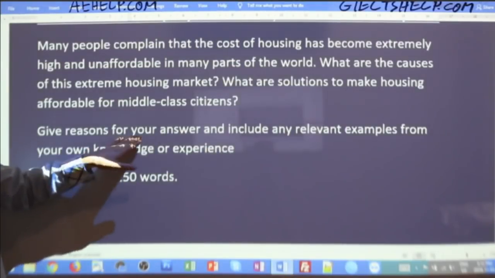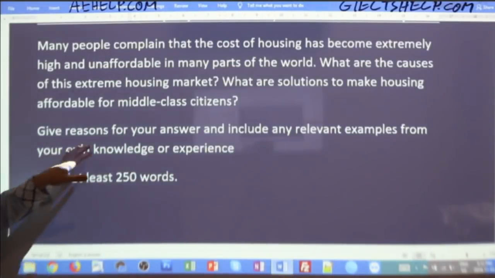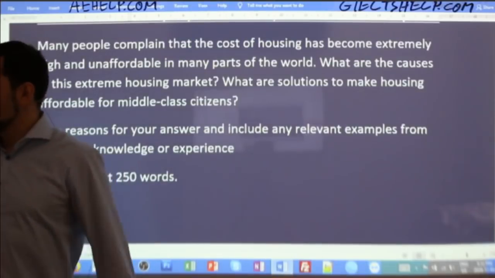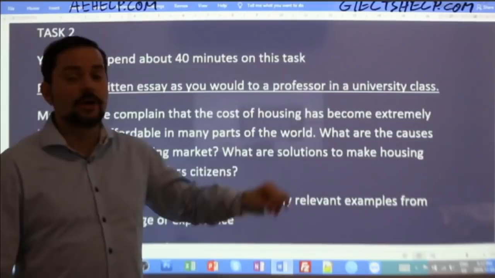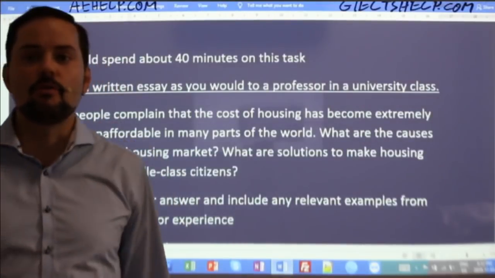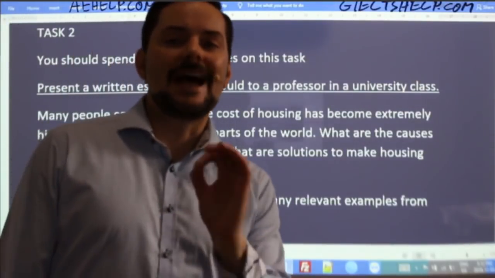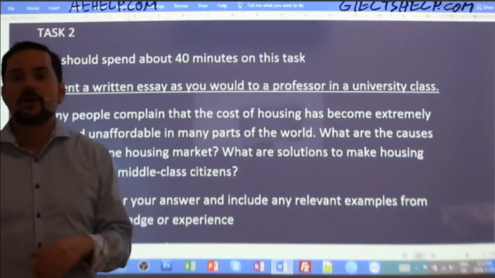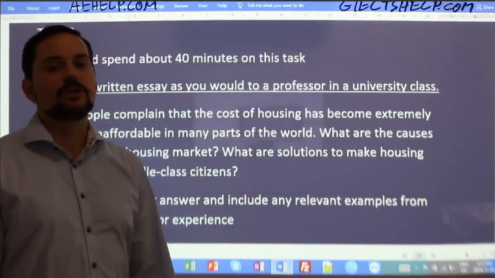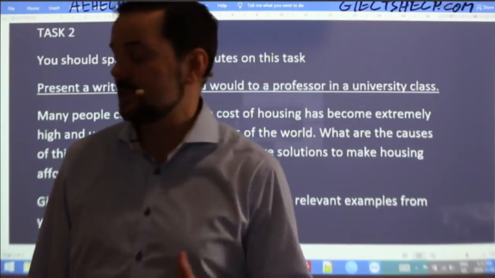So even if it says your and your own knowledge, if you see this, present a written essay as you would, then write a third person voice. Okay, Naveen? So that is the important point here. With this type of instruction, write in the third person voice. That will give you a higher band score.